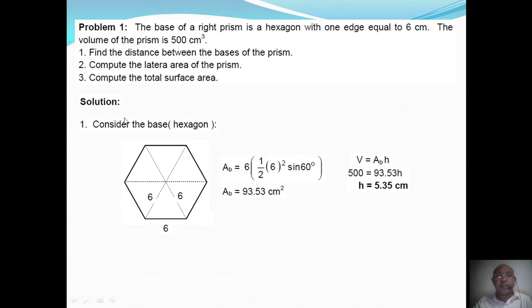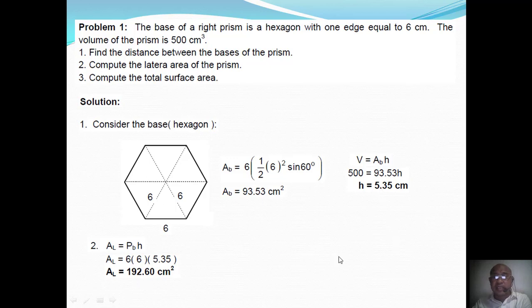Question number 2, compute the lateral area of the prism. The lateral area is the perimeter of the base times the height. For the perimeter of the base, we have 1, 2, 3, 4, 5, 6, so 6 times 6, times the height, 5.35, gives 192.6.